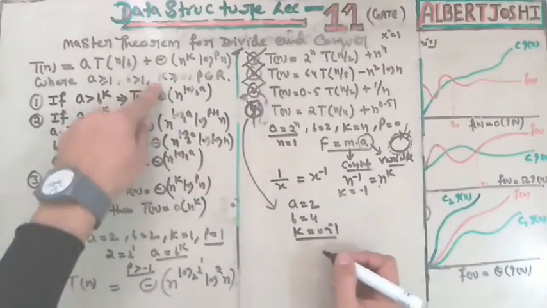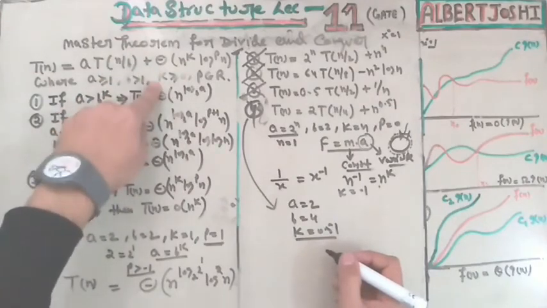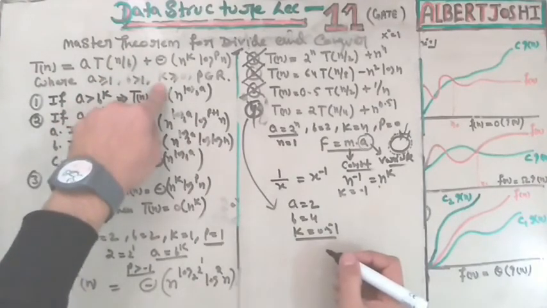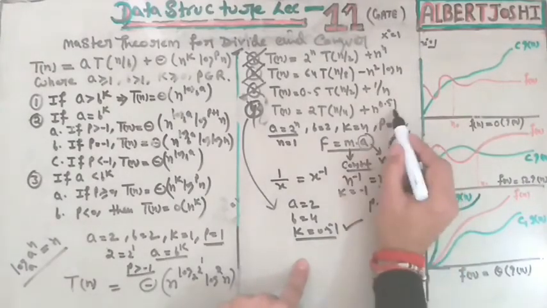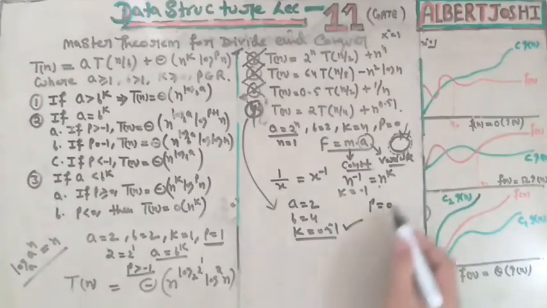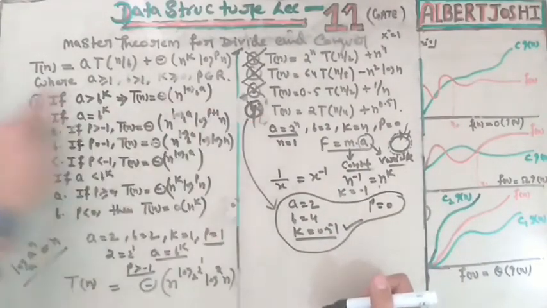We can apply it because k is greater than or equal to 0. They have not written k is greater than 1; they have written k is greater than or equal to 0. In this condition it is satisfying. But p is 0 because there is no log. In this condition your case is satisfying. So the master theorem will be applied.